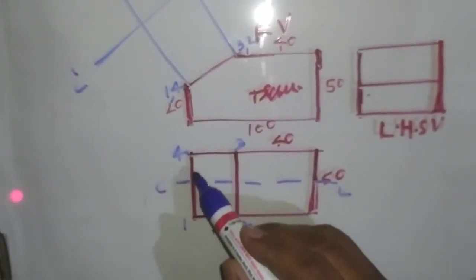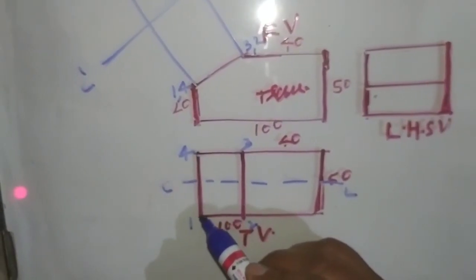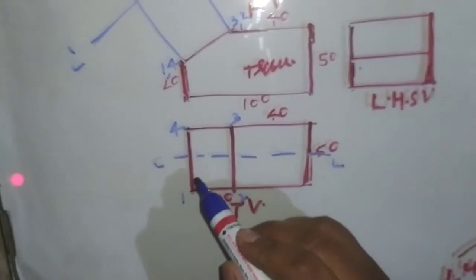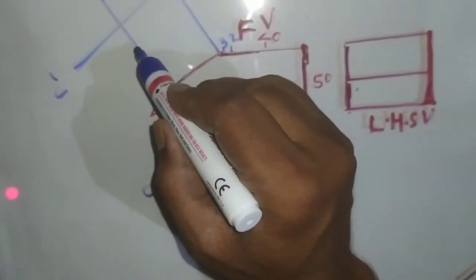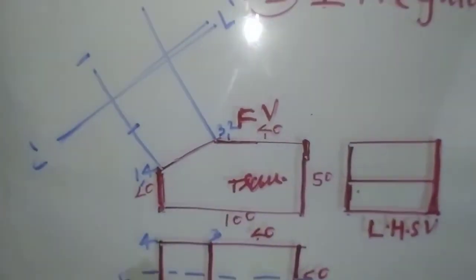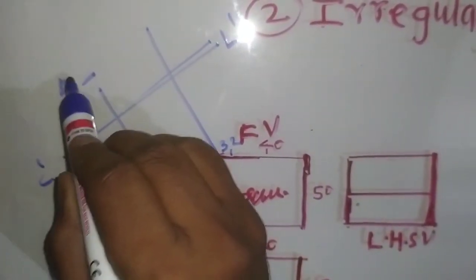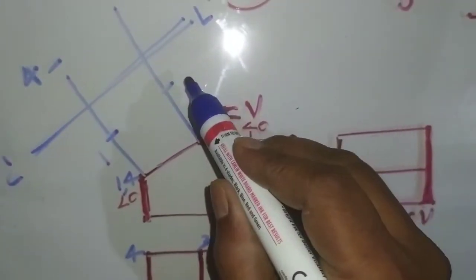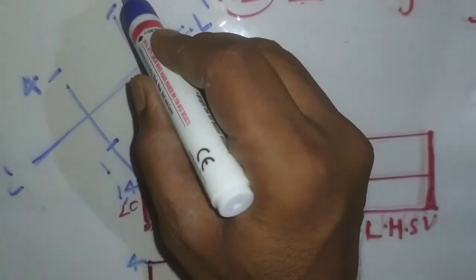Now I will transfer this. I will take a compass. I will take this distance into the compass here. This is the C dash L dash line. So I will take it and mark it here. This will be the 1. This will be 4, 1 and 4. On this surface, this will be 2 and 3.